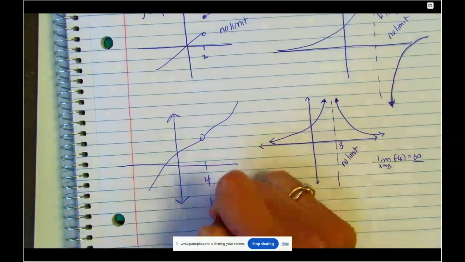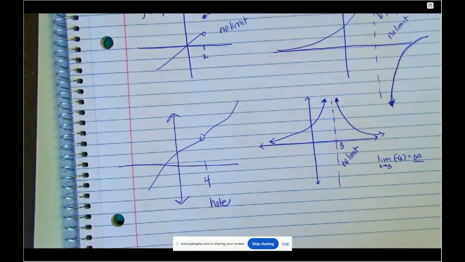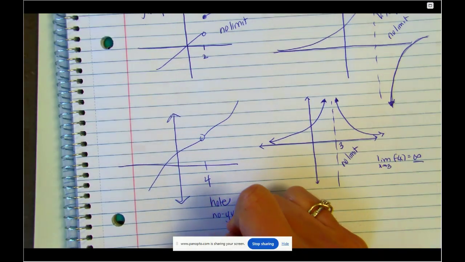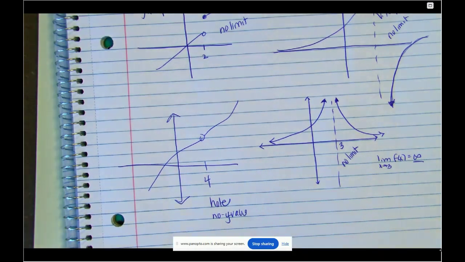And then it's going to say why, based on those 3 pieces of the definition, is it discontinuous? And you would say, there's no y value. So that's what you're doing for your homework. You're just saying what kind of discontinuity it is, and why, based on the definition, it is not continuous. Okay, that is the last lesson for the school year.